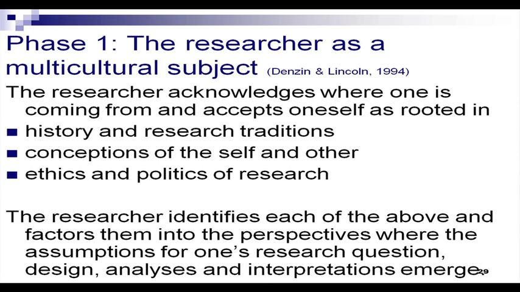So, one identifies these things, one writes them down, one describes them, and then situates what one is going to say in these assumptions, and puts them out in black and white on the table for anyone reading the description of the phenomenon that has been studied, just so the reader, the person who is trying to get the essence of what has been studied, understands the context that what has been studied is rooted in.